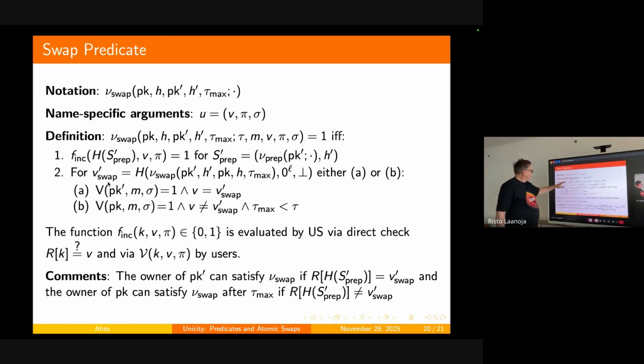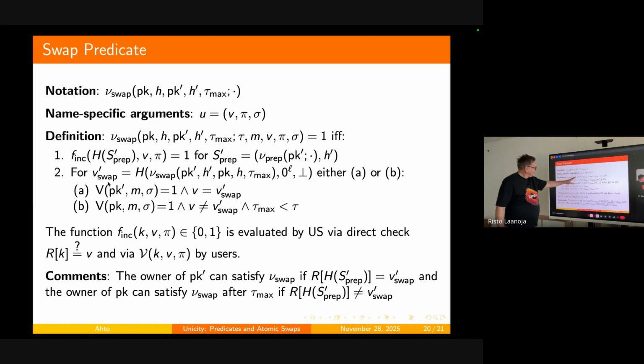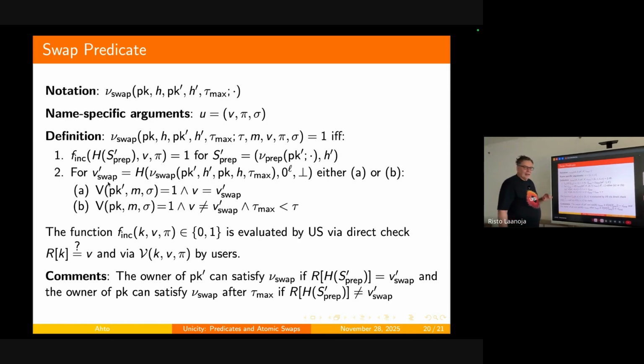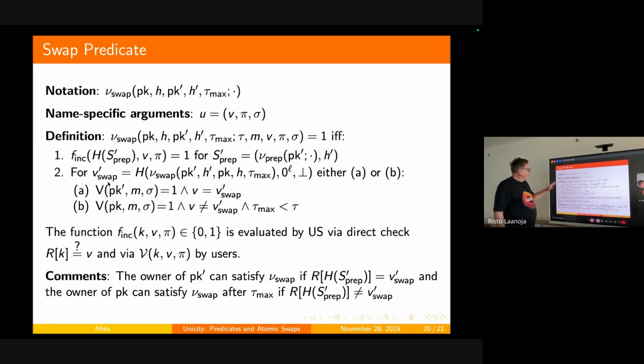So how to evaluate this? This is a specification of the predicate. And the point is that the code that implements the predicate is different at the Unicity service side and at the user side, because we don't want to burden the Unicity service to verify inclusion proofs of the past.